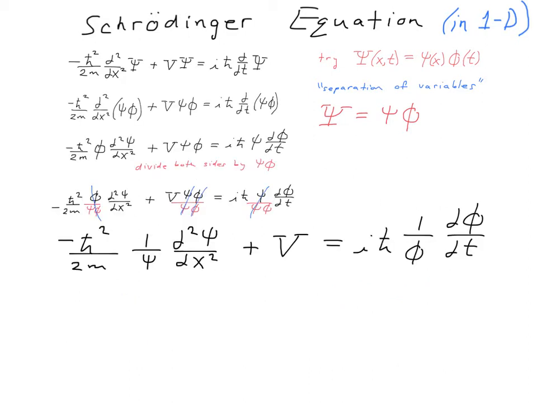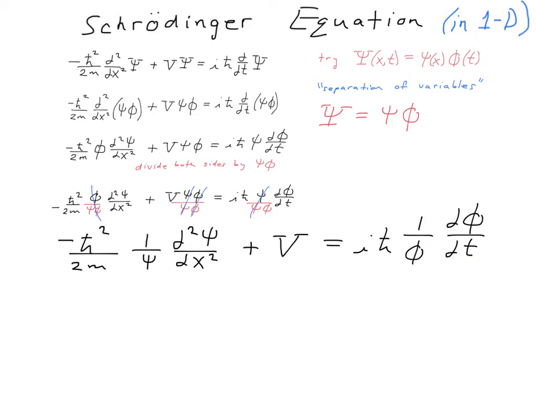So now look what we have. On one side of the equation, we only have constants, stuff that depends on x, and derivatives with respect to x, and we'll provisionally assume that this potential energy function depends only on position, not on time. And on the right-hand side, we have only stuff that depends on time, or else stuff that's constant. There's constants. This is a function that depends only on time.